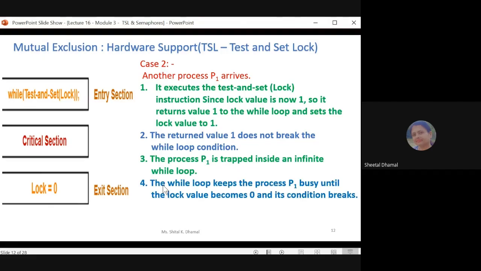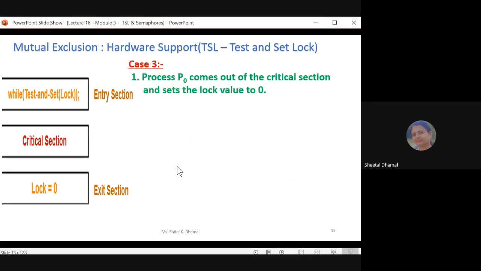The while loop keeps the process P1 busy until the lock value becomes 0, and it can allow process P1 to enter into the critical section only when the value of the lock is equal to 0. Now let us consider, in case 3, that process P0 comes out of the critical section.